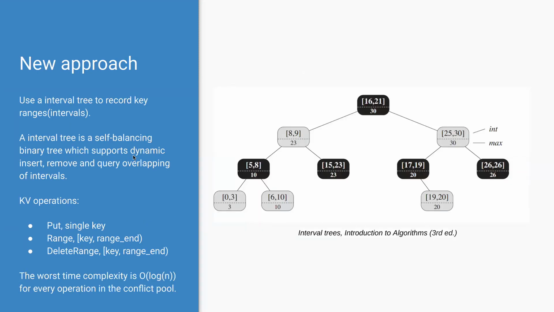And in the new conflict pool design, we use an interval tree to maintain a set of commands. And for key value operations specifically, it will record the key ranges of the commands. The interval tree is a self-balancing binary tree which supports dynamic insert, remove, and query of overlapping intervals.